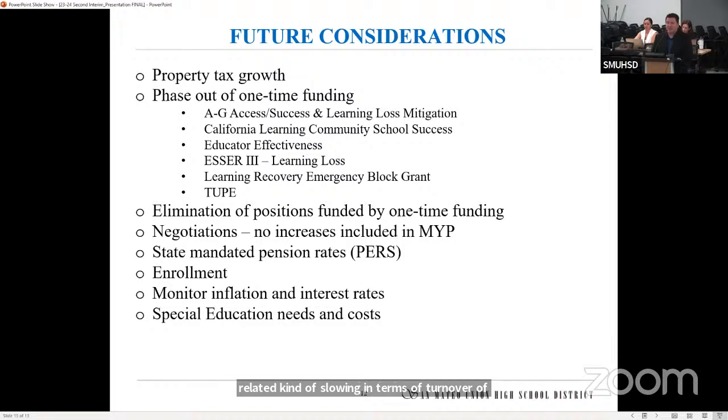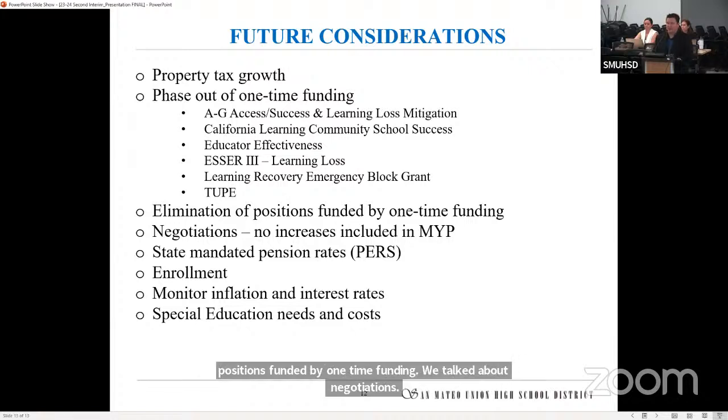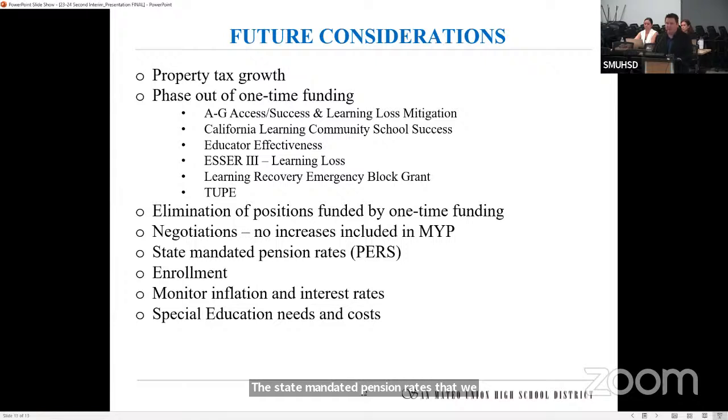We spend a lot of time on the phase out of one-time funding, both COVID and other state funding, which we don't really expect that we will receive any significant additional one-time funding in the state budget. Related to that, the step down of the positions funded by one-time funding. We talked about negotiations, the state mandated pension rates that we continue to monitor, enrollment, inflation, and then obviously special education needs and costs.